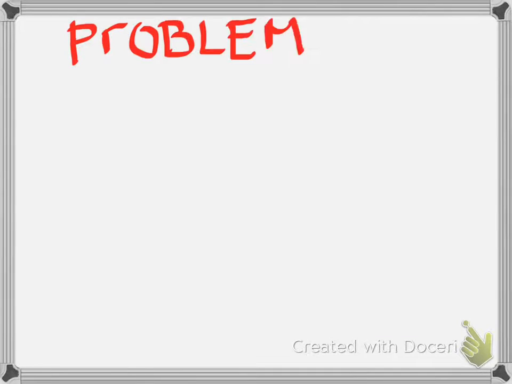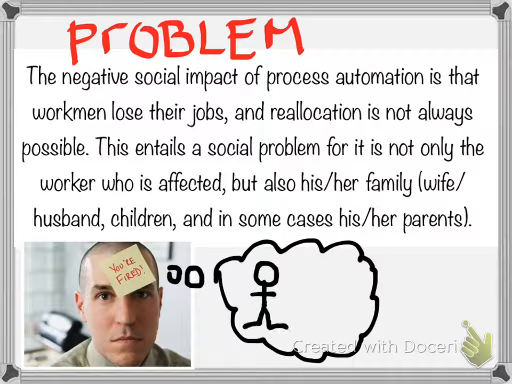We can say that the negative social impact of process automation is that workmen lose their jobs and reallocation is not always possible. This entails a social problem, for it is not only the worker who is affected, but also his/her family, wife, husband, children, and in some cases, his/her parents.